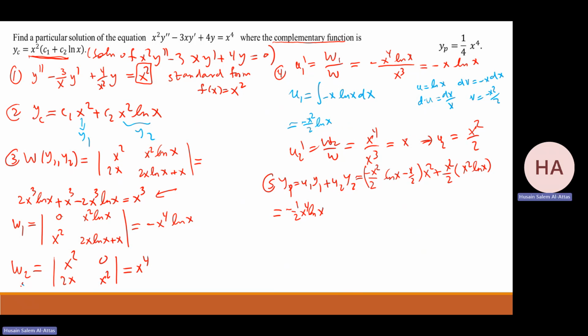This will be what? Minus x squared over x. This is minus, so that will be plus integral x over 2 dx. And that will be minus x squared over 2 ln x. Integral of this, which is x squared over 4. So it should be x squared over 4.